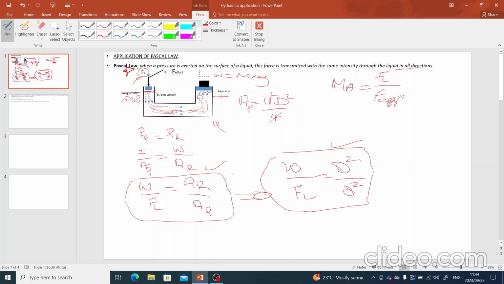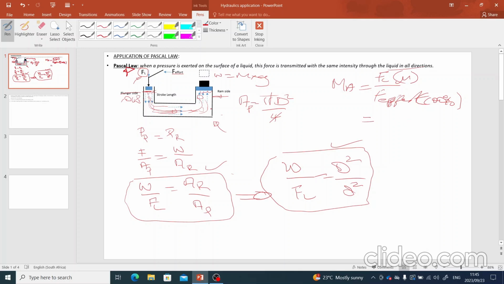The F effort is the force that you apply on the handle. It is human ability, and it is always assumed to be at 100%. The F load, the fact that it's built-in, is affected by efficiency.